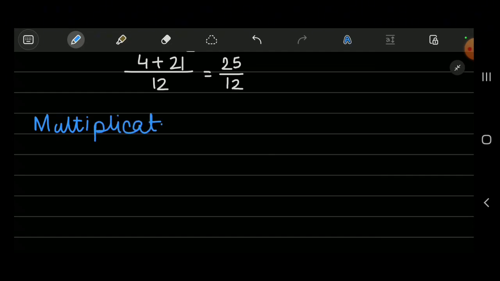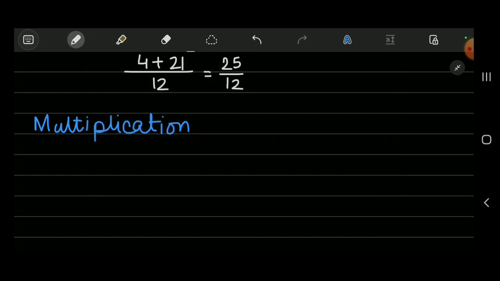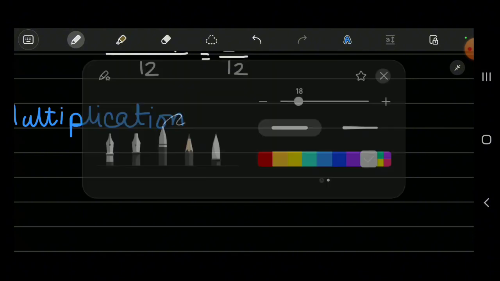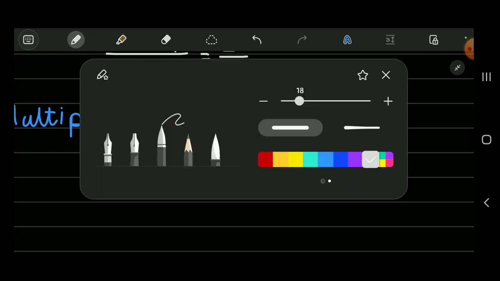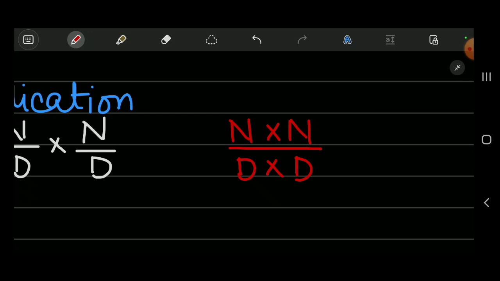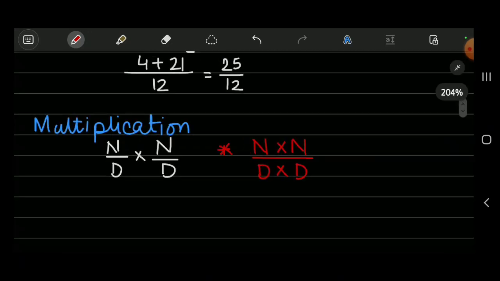So multiplication: if we have two fractions, like numerator over denominator multiplied by numerator over denominator, any two fractions, an important rule that you need to follow is numerator multiplied by numerator and denominator multiplied by denominator. This is the only rule of multiplication.